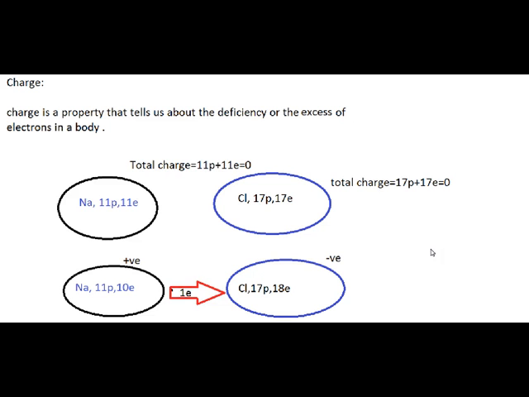If a body has a charge, then we can say that this property gives us information about the deficiency or the excess of electrons in that body.